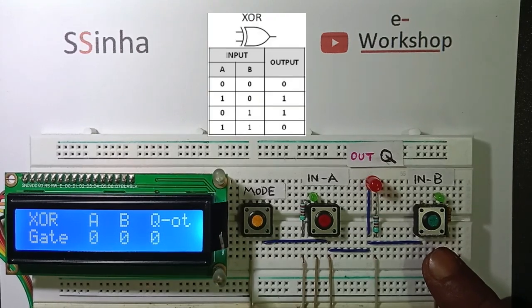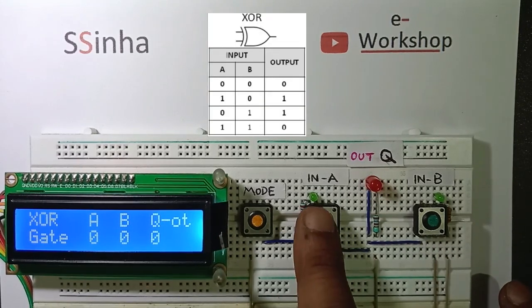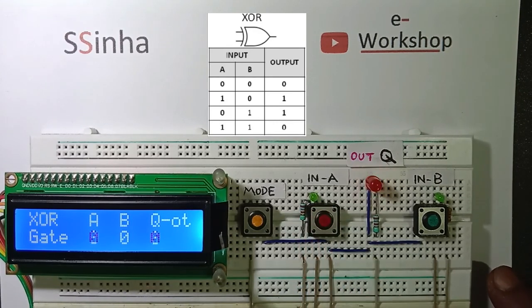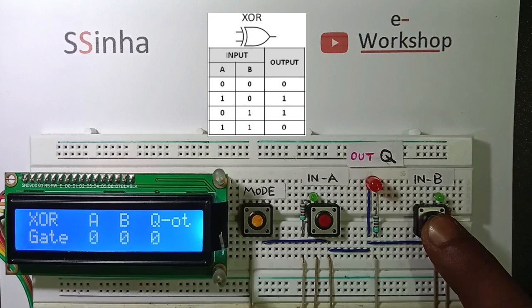This is the special purpose XOR gate. In this, output is low if both inputs are either high or low. And if one of the inputs is high and the other is low, then the output goes high.